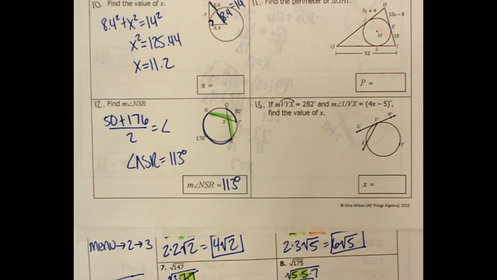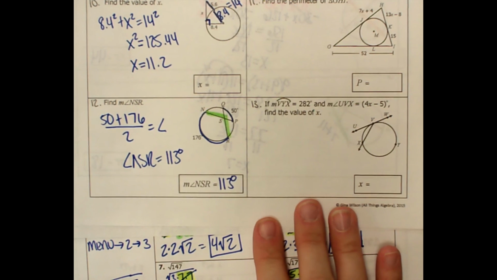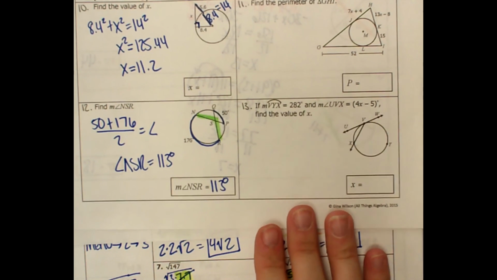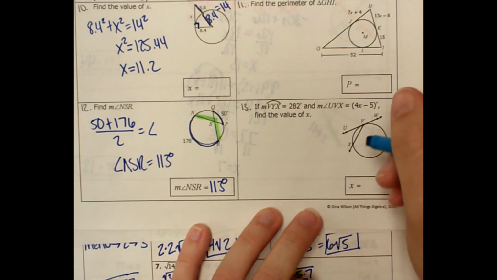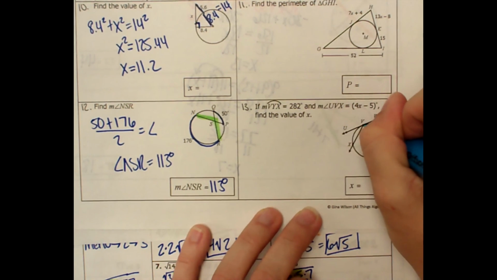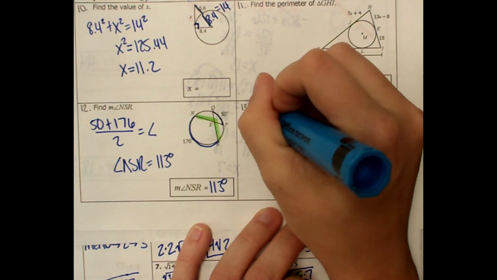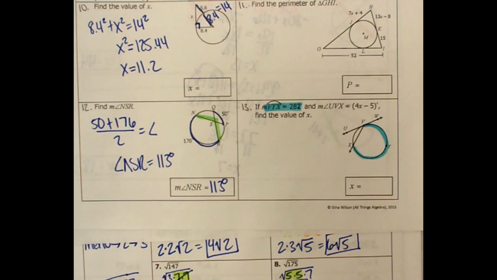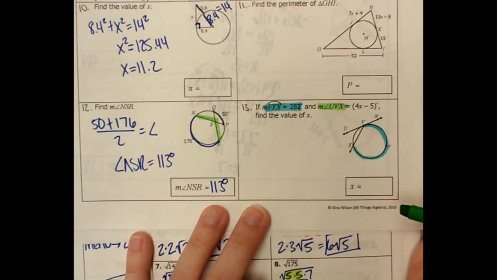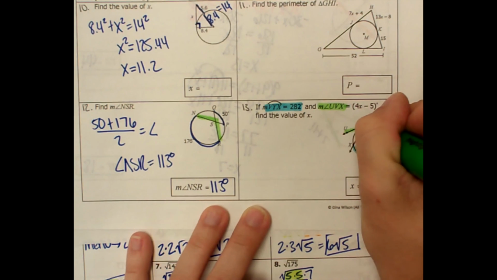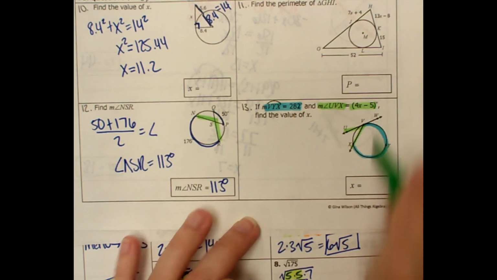Let's look at number 13. It says the measure of arc VYX, so VYX is this guy right here. They say it's 282, and the measure of angle UVX, which is this angle right here, is 4x minus 5.